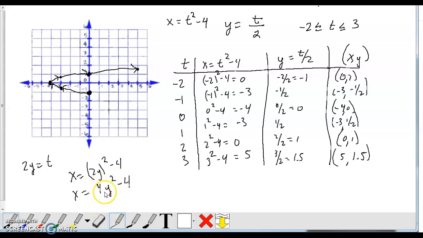We can leave it like this, or if we want to solve for y, this would be x plus 4 is equal to 4y squared. So x plus 4 all over 4 is equal to y squared. Technically, this would be y equals plus or minus the square root of (x plus 4) all over 4, if we want to get nitpicky. But again, this problem is perfectly fine.